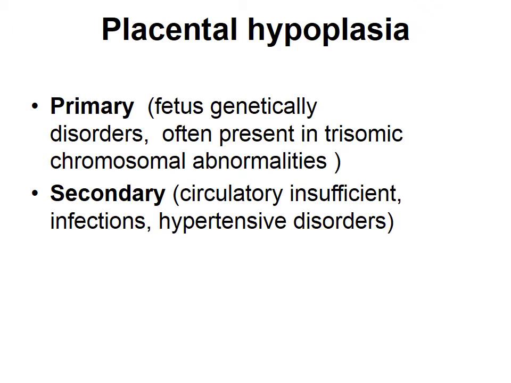Placental hypoplasia is usually distinguished in two forms. Primary, in fetal genetic disorders, often present in trisomic chromosomal abnormalities, and secondary, due to circulatory insufficiency, infection, and hypertensive disorders.